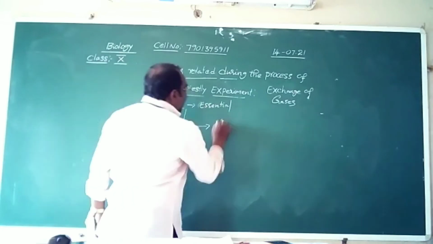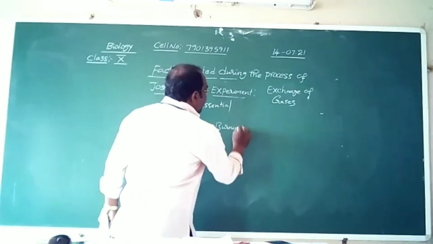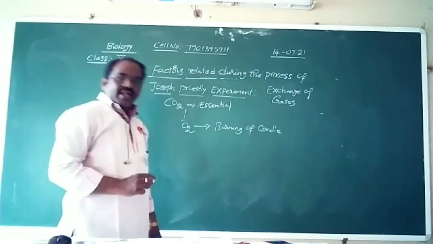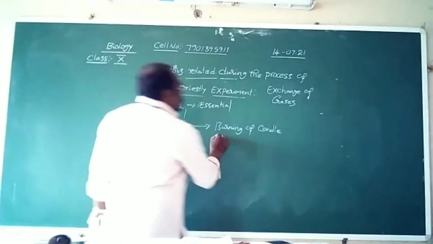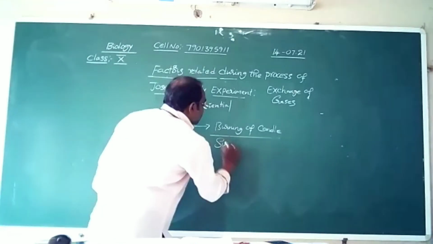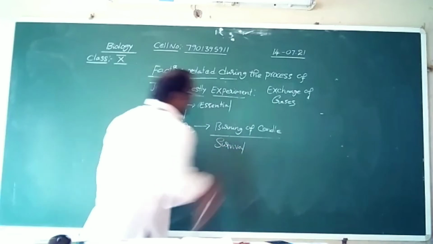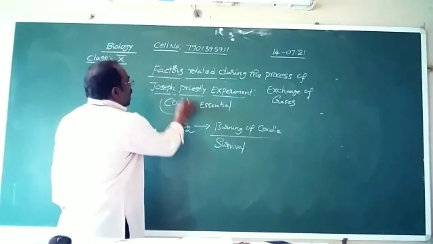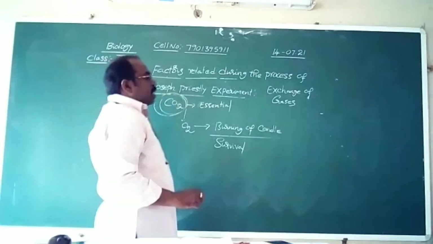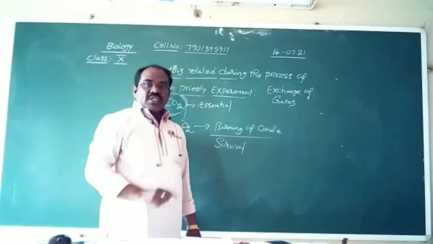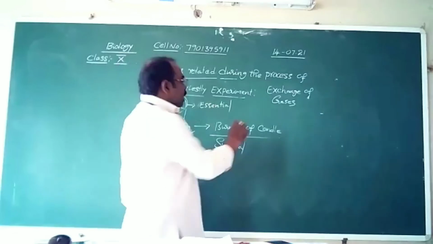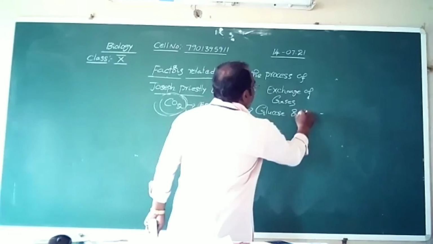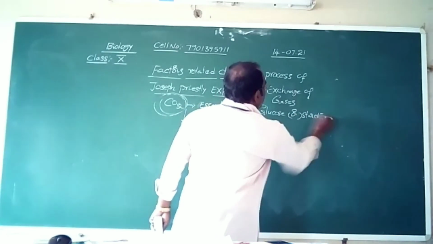This oxygen gas is helpful for burning of the candle and also for survival of the organism. Carbon dioxide is useful for formation of glucose or starch.